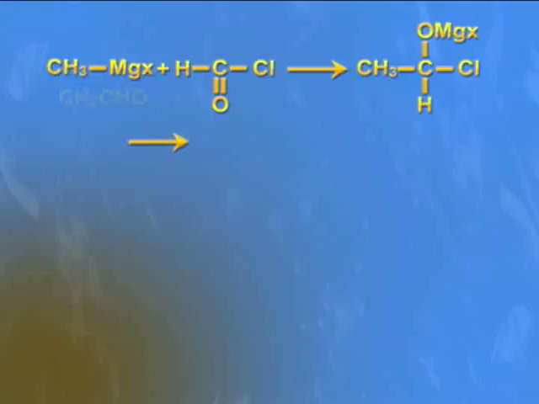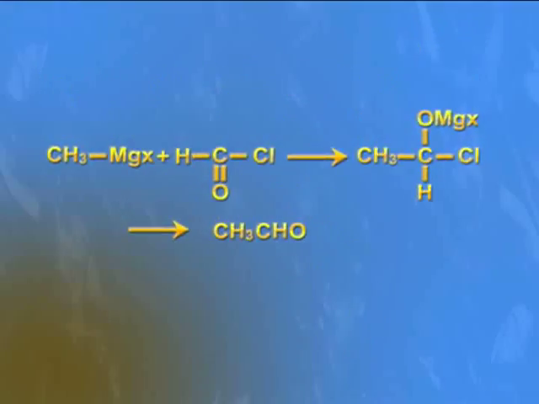Taking an example, CH3MgX, that is methyl magnesium halide, plus HCOCl gives rise to CH3C bonded to OMgX and H and also Cl. This in turn gives rise to CH3CHO, that is acetaldehyde.